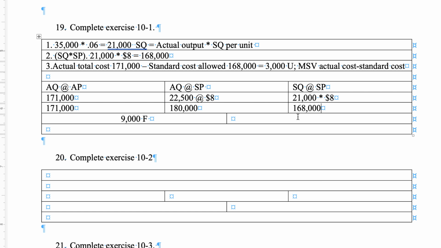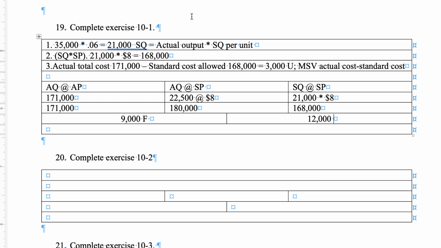Here's the problem. Based on the standard price, we're looking at the difference in the quantity. I actually used 22,500. I should have used 21,000. When I figure that out in terms of dollars, there's a difference of $12,000. Am I favorable or unfavorable?